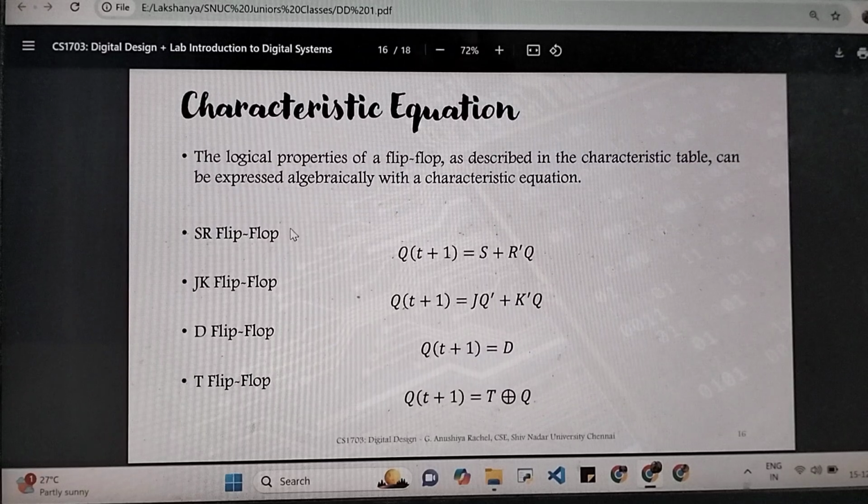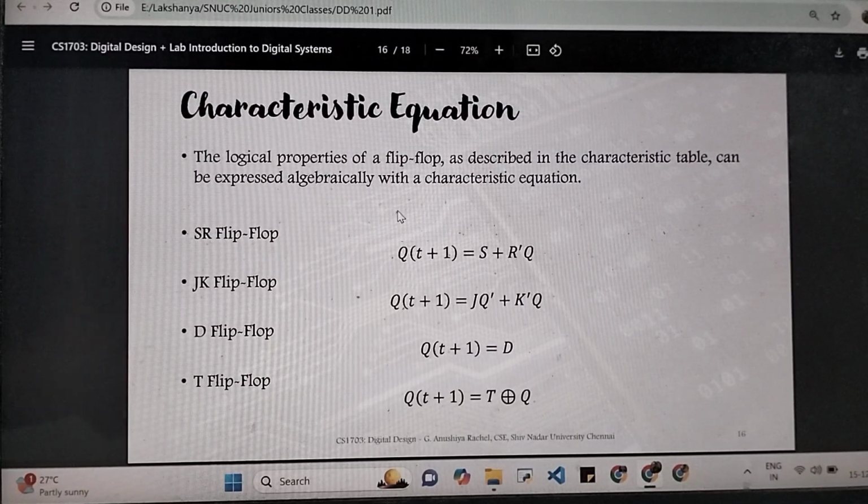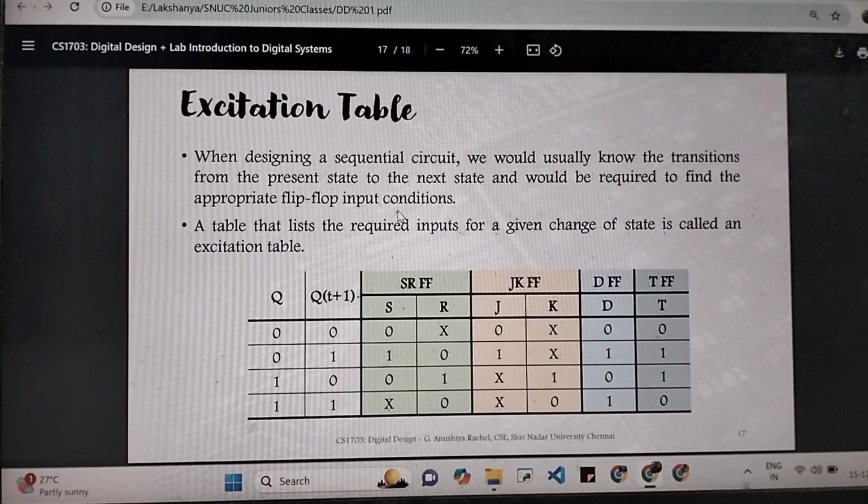That also helps you find the same thing. Now given the current state and knowing what my goal state or destination state is, if I want to choose my inputs accordingly, I use the excitation table. And that is why this one is used in your counters and all, because in a counter, you know your current state is a 0, you want to move to a 0 0 1, but you don't know what inputs to give, so you use an excitation table and so on and so forth.